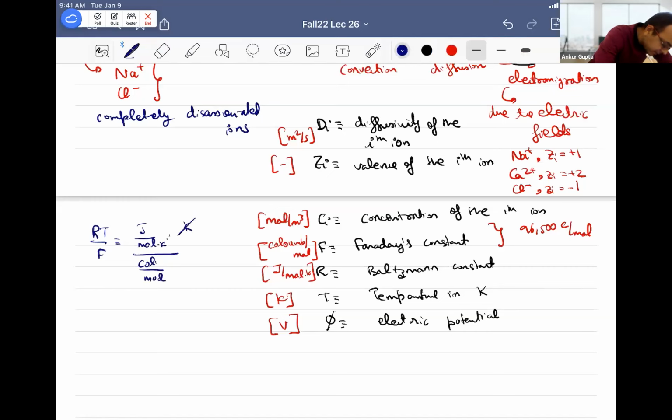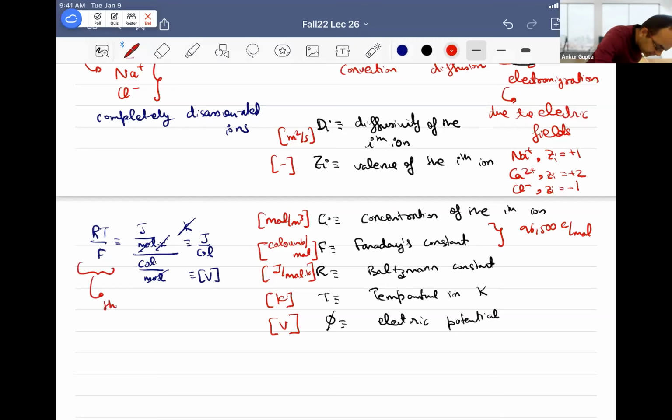The mole gets cancelled, giving joules per coulomb. And what is joules per coulomb? Volts, right? Energy per unit charge is volts. So this has the units of volts, and sometimes it's known as thermal potential.